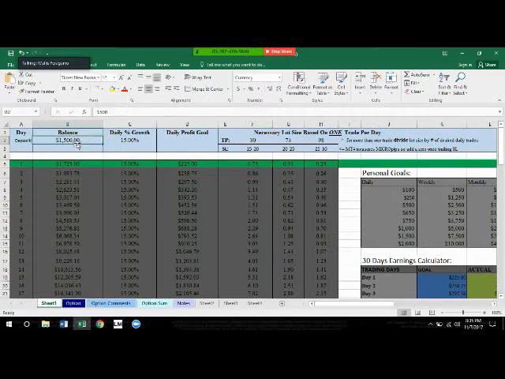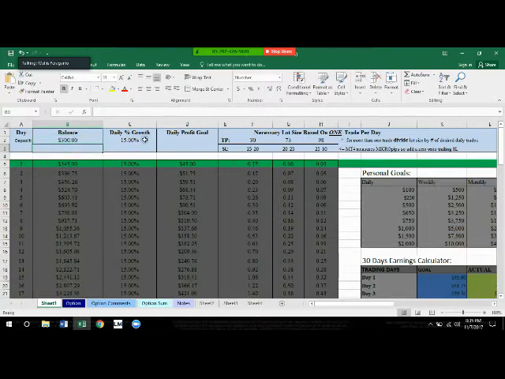I'll put $300 on the low side. Your daily growth is how much you want to compound per day. Starting out, I recommend 10%, because it's not too risky, but it's not too conservative where you don't see any progress too quick, okay?